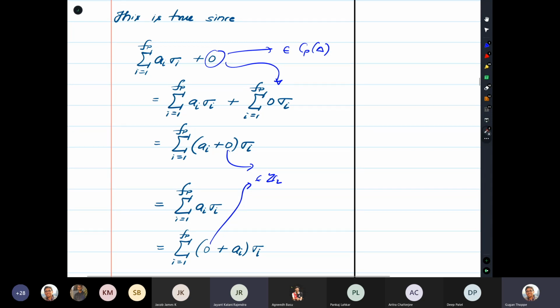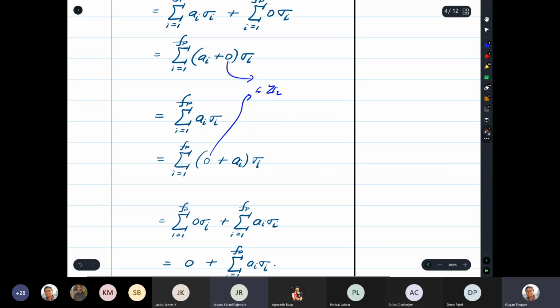Don't blindly imagine that this 0 is an element of Z2, whereas this 0 is an element of CP delta, and so on. Notice that this addition is defined only between elements of CP delta. You cannot take an element of CP delta and an element of Z2 and try to add them. It can never happen. So depending on the context, it should be clear what I'm trying to add.